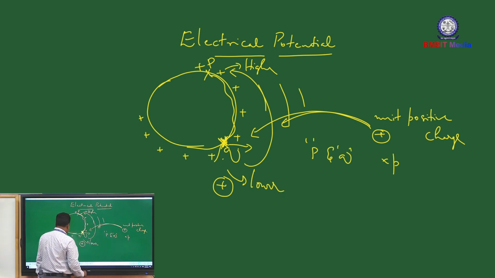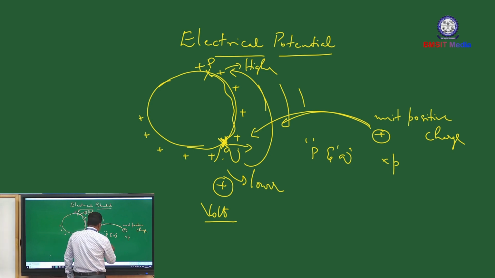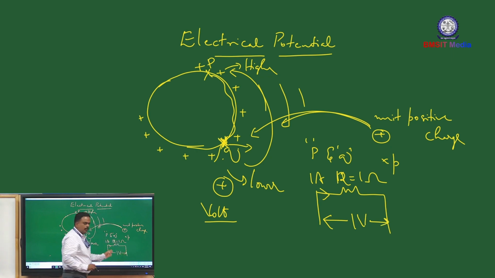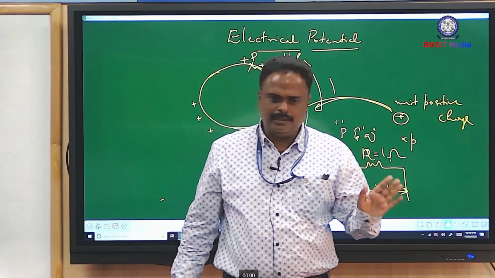The unit of potential or potential difference is the volt. 1 volt is defined as follows: if you take a resistance of 1 ohm and pass a current of 1 ampere through it, then the potential difference across it is called 1 volt. 1 volt is that potential difference across a resistance of 1 ohm through which a current of 1 ampere is flowing.